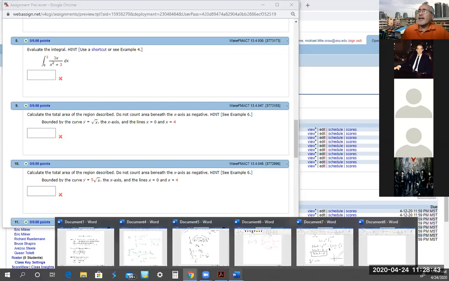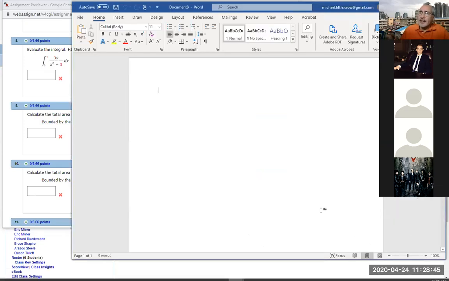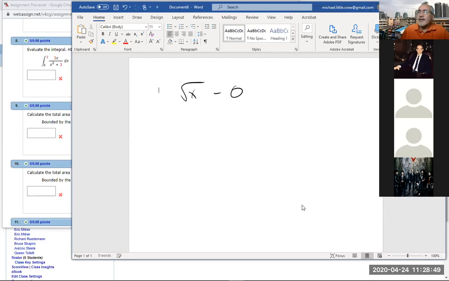If you were to graph those, square root of x is always on top, minus 0. And we don't really need that. It's not going to help us. We could just drop it off. That x-axis is just telling us it's y equals 0 as the other curve. Had it been y equals 1, then yeah, we'd need to put something there.